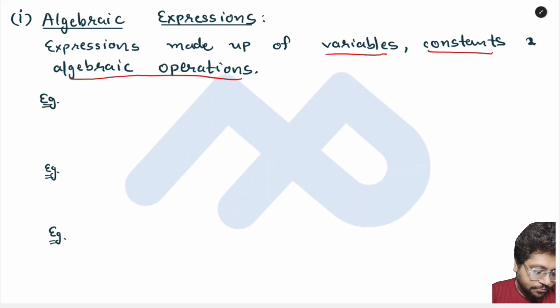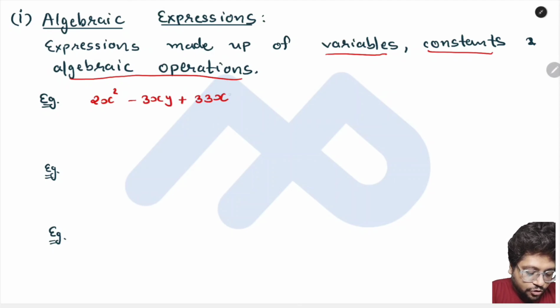I'll give you some examples. Let's say in the first example, 2x square minus 3xy plus 33x cube. If you see, x and y both are variables here, and 2, 3 and 33 are coefficients, but they are constants. They are basically just numbers.